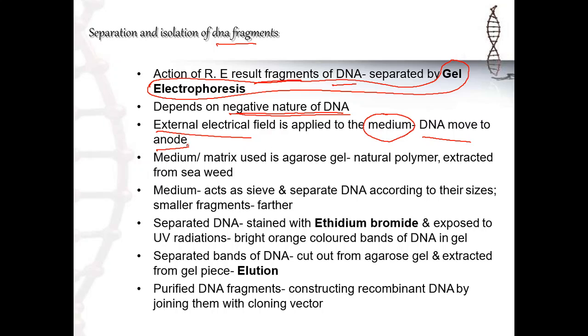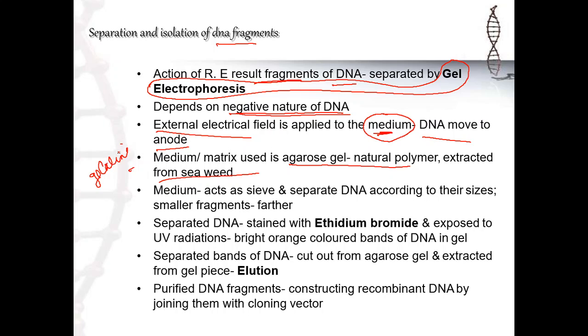For example, the DNA, applying the electrical field, is attracted to the anode or the negative side of the charge. Okay. The medium or the matrix uses an agar gel, a natural polymer extracted from the seaweed. Parang gelatin ito, no? Gamitin ito, parang gelatin. Okay?